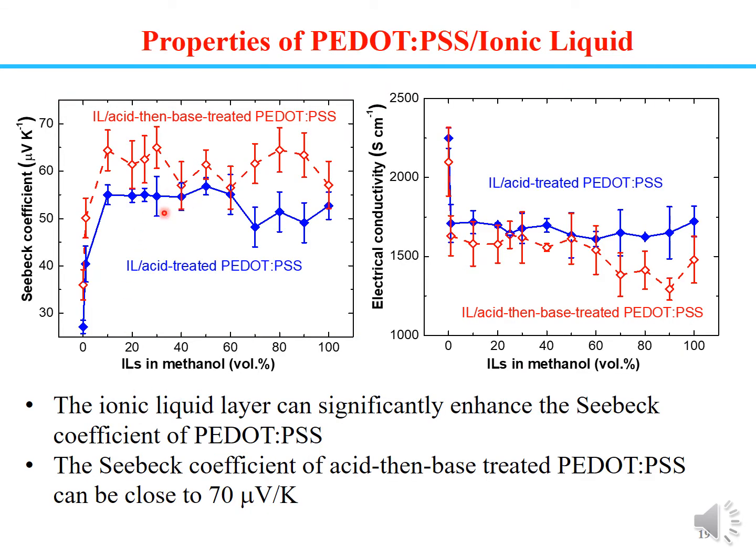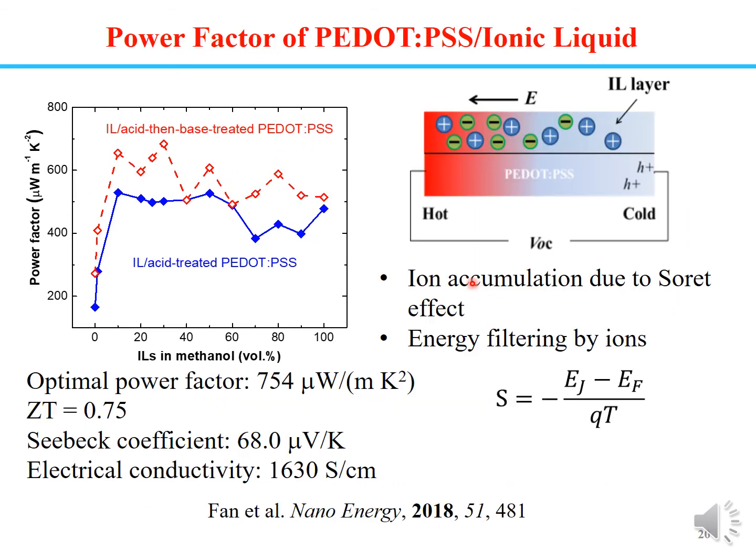It really works. The Seebeck coefficient of acid treated PEDOT:PSS or acid then base treated PEDOT:PSS is enhanced. The highest Seebeck coefficient is close to 70 microvolt per K. The electric conductivity is lowered because of the dedoping.